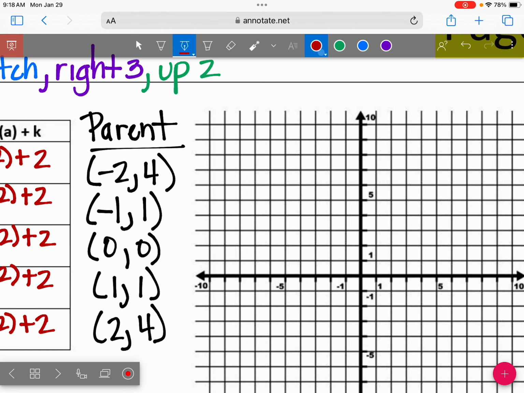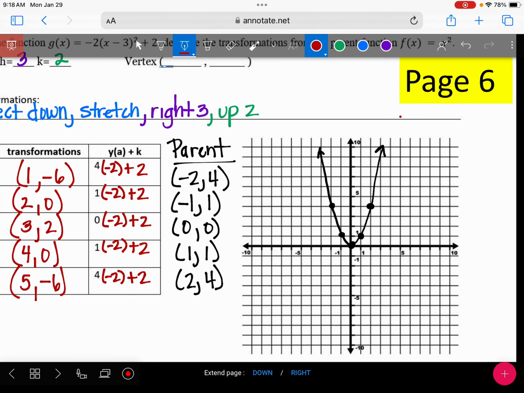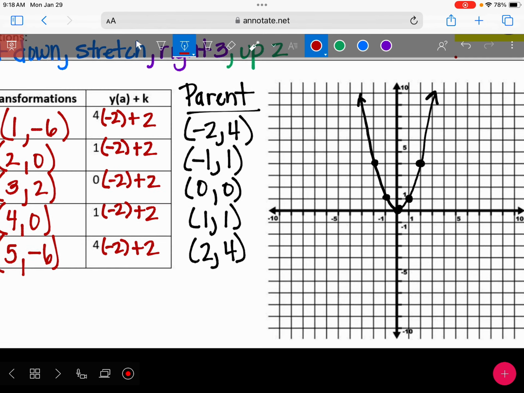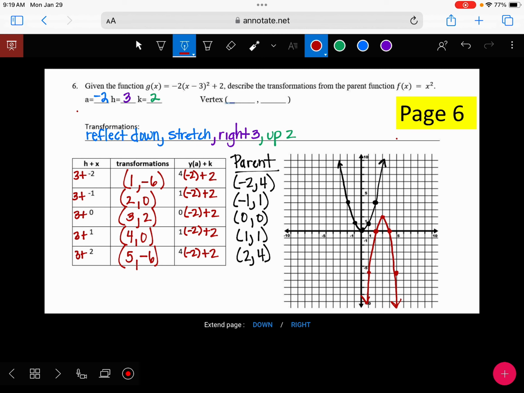Let me graph the parent. Okay, and that's what your graph should look like.